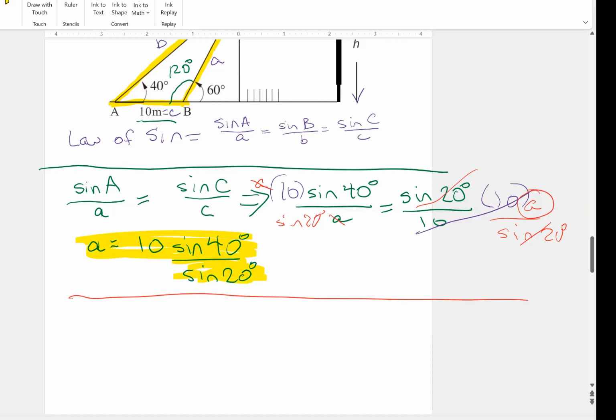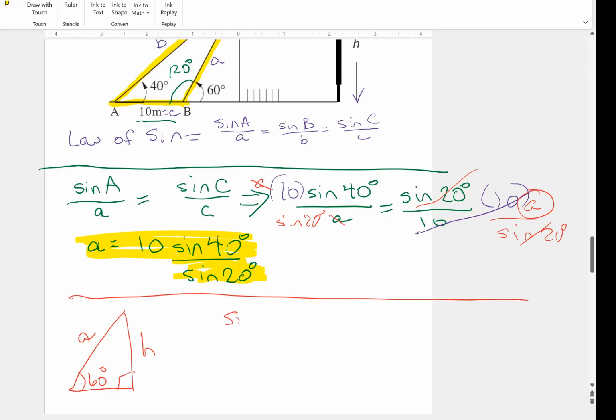Okay. Now I have another triangle. This is 60 degrees. A, which is this, I'll just write A, okay? What do I know? I'm trying to find H, the height. You can fill in the rest of the angles. I don't need to. I could, but I don't need to. I could find the sine.